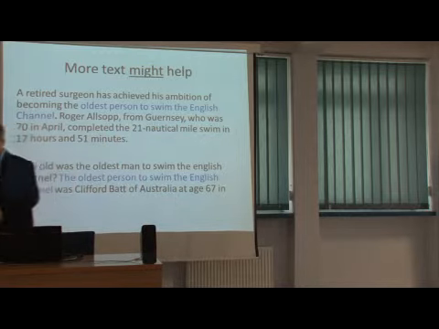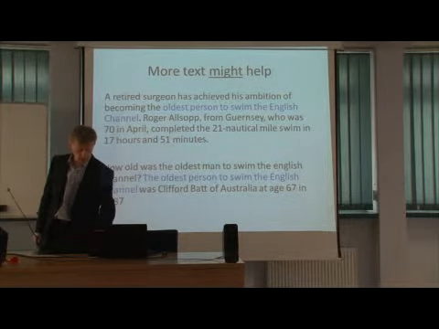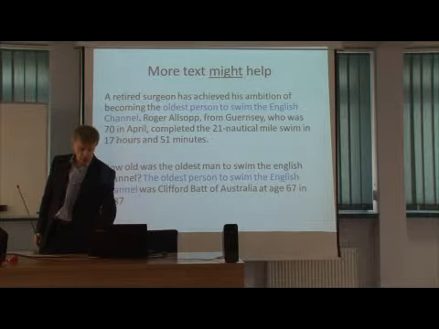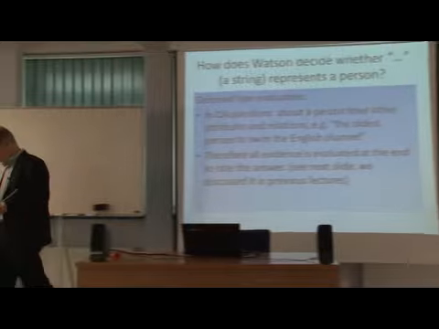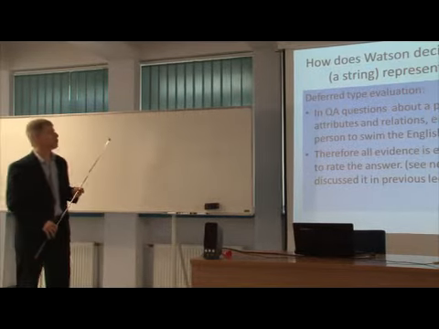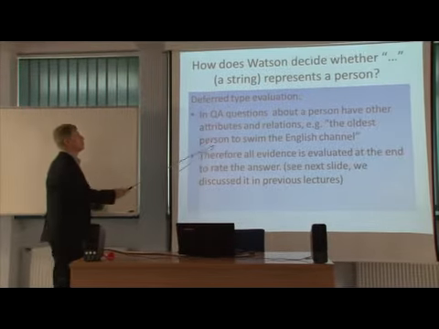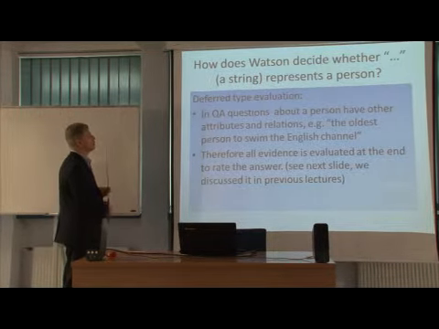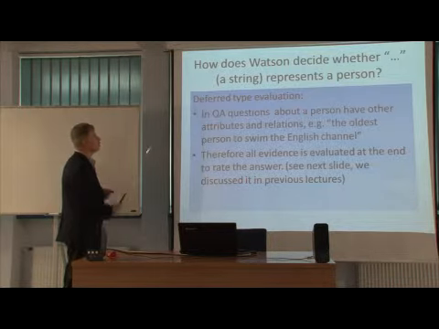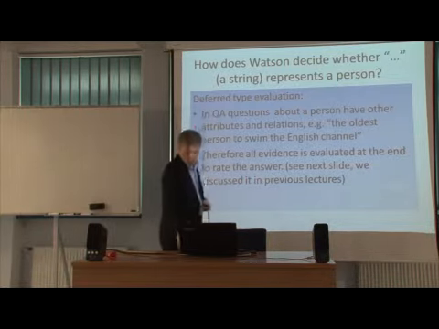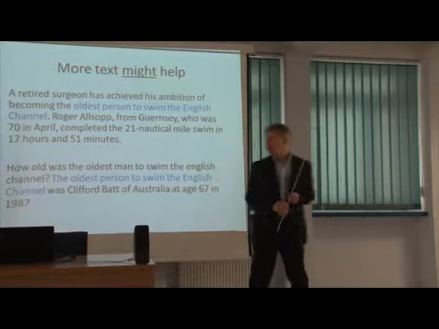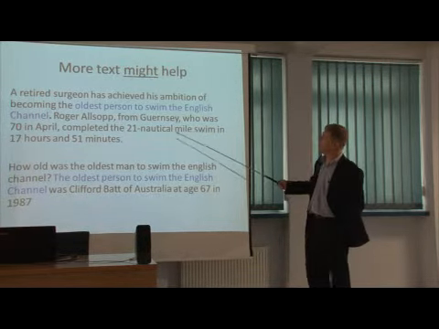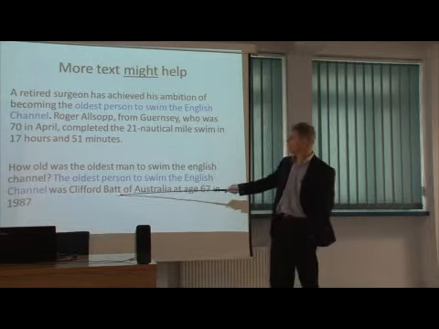There is no foolproof method, but essentially what Watson does is it creates a collection of scores, and these scores determine the coreference between the oldest person to swim the English Channel and the name of the person. This is done after all evidence is assembled. If we go back to this example, we're going to have two candidate answers, Roger Alsop and Clifford Butt.